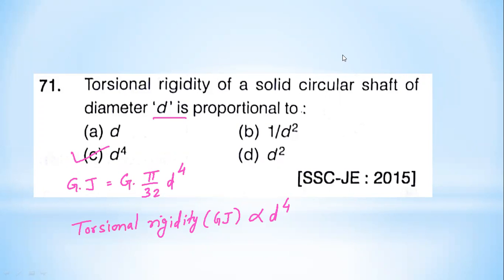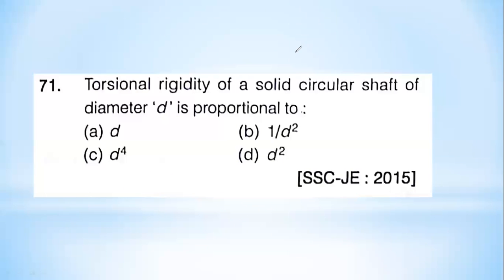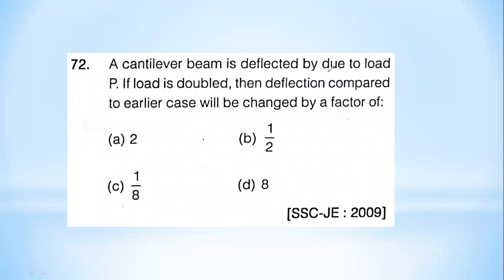So asked in 2015. Let us see question number 72. A cantilever beam is deflected by delta due to load P. If load is double, then deflection compared to earlier case will be changed by a factor of. So basically this is based on deflection of beam.